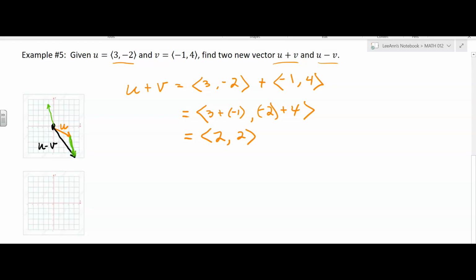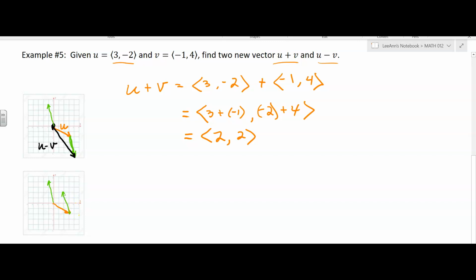So let me show you the addition on the other one. Go back to your U vector. What was it again? 3, negative 2. And then my green vector was negative 1, 4. This time don't flip it over. So put your tail here and then go up 4: 1, 2, 3, 4, and over 1.